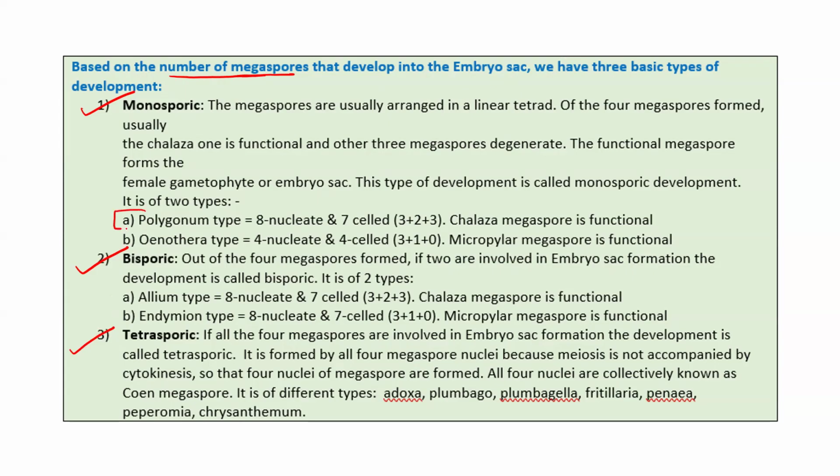We have generally studied the polygonum type, and the polygonum type follows the formula 3 plus 2 plus 3. Three cells towards the micropyle make the egg apparatus, the last 3 towards the chalazal end are antipodal cells, and the 2 are polar nuclei present in the central cell. Clear?